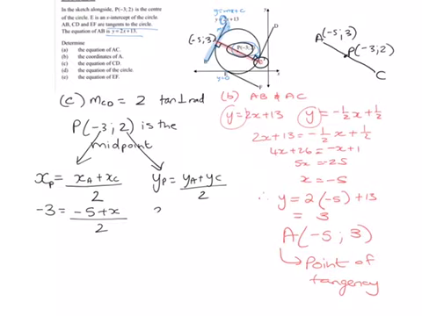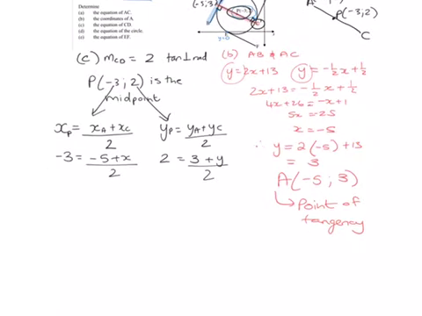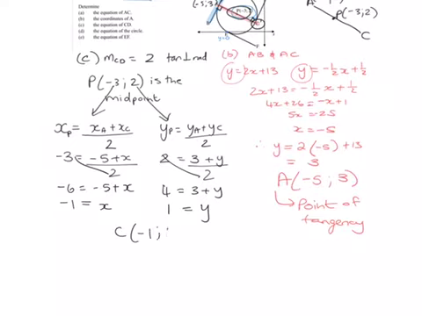And then we have the y of P, the y of A, and we work out the y of C. All right, so we just cross multiply. That gets us -6 equals -5 plus x. Take it across, x becomes -1. Cross multiply, that's 4 equals 3 plus y, so y becomes 1. So your point C is -1 and 1.